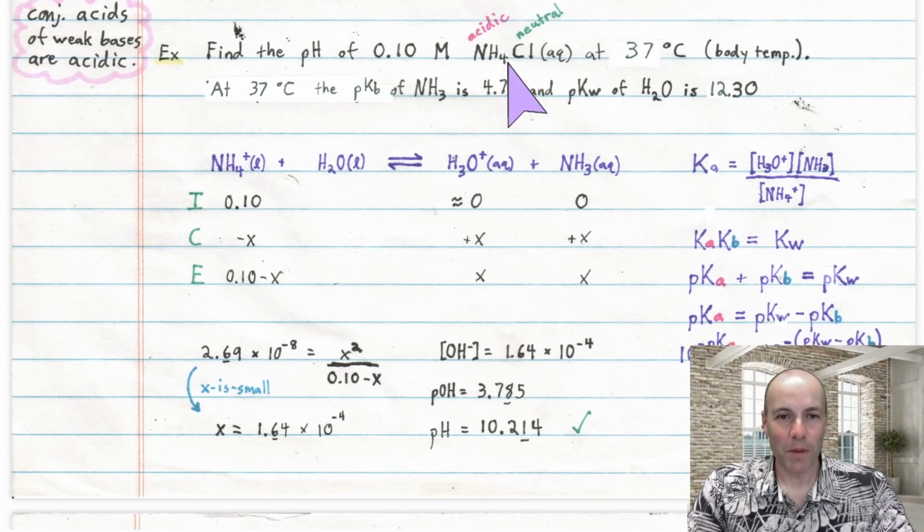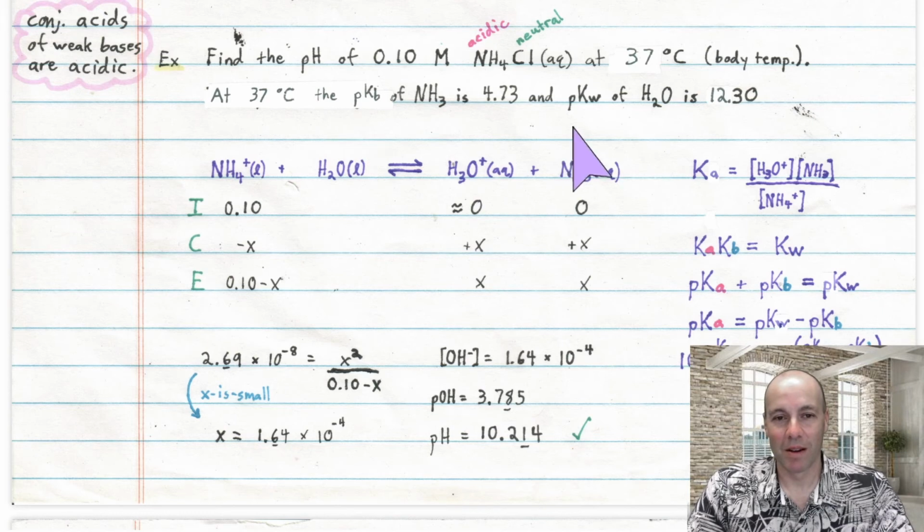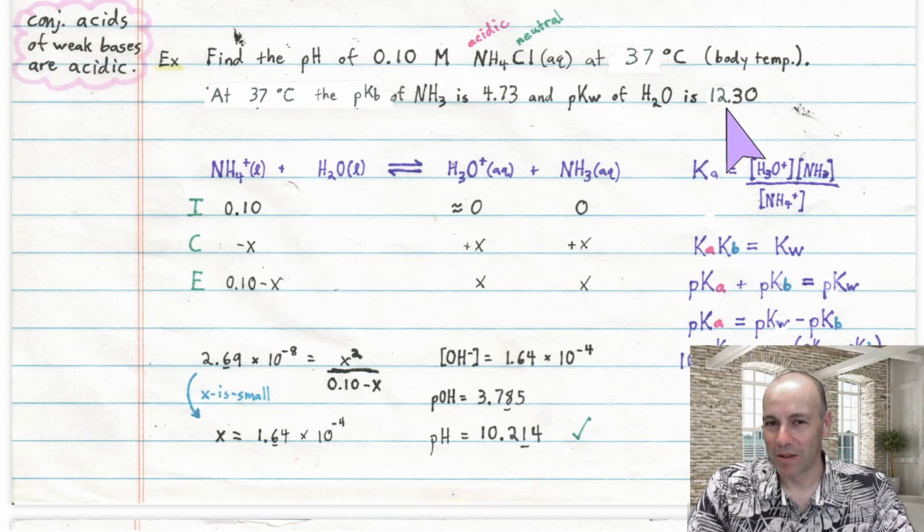So there's a few things going on here. It's at a different temperature, which is a little complicated because we're dealing with a different Kw of water now. It's normally 10 to the minus 14, but now the Kw of water is 10 to the negative 12.3. So the Kw is a little bit greater this time.